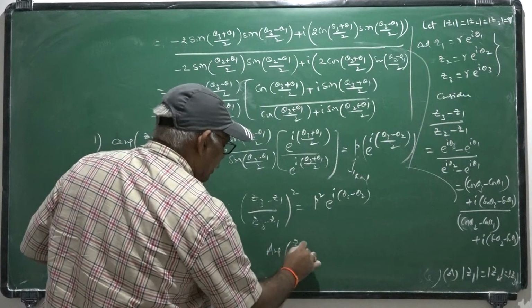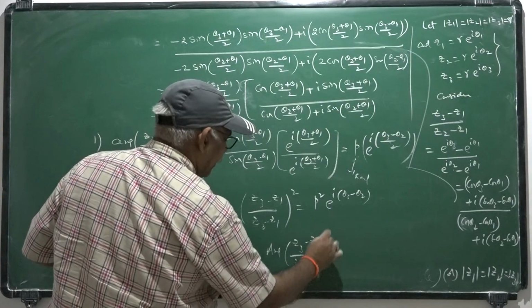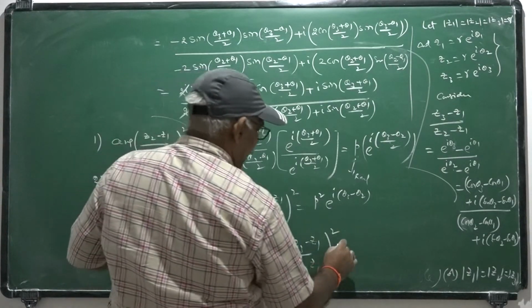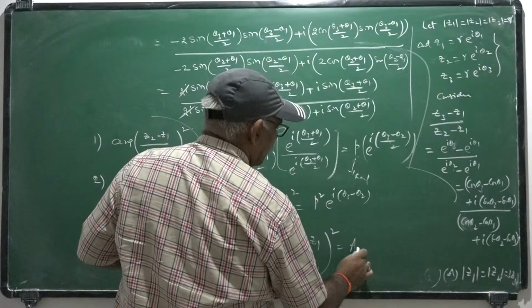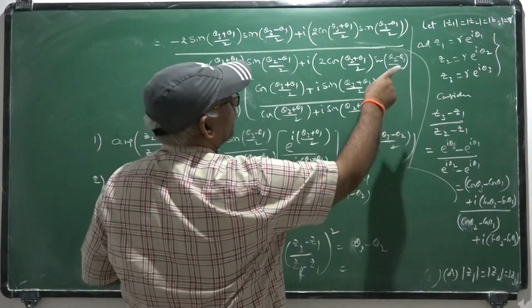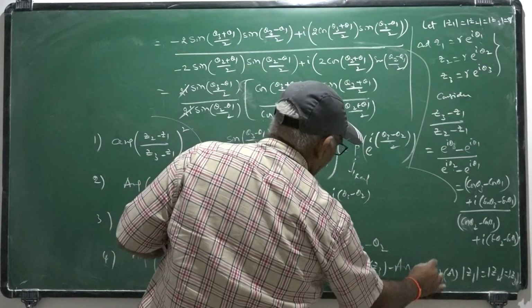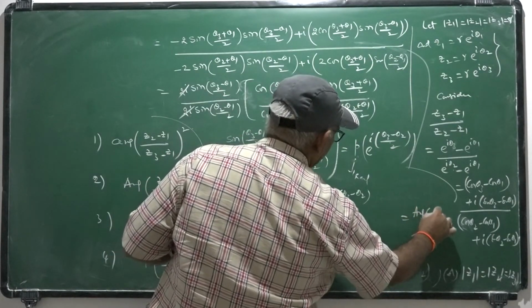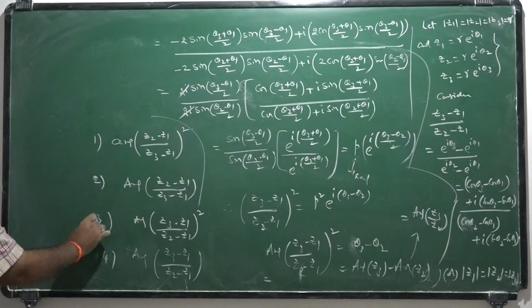So the argument of ((z3 minus z1)/(z2 minus z1)) whole square is the argument of this one, theta 3 minus theta 2. What is theta 3 minus theta 2? Argument of z3 minus argument of z2, which is nothing but argument of z3 by z2. Hence the right option is argument of ((z3 minus z1)/(z2 minus z1)) whole square.